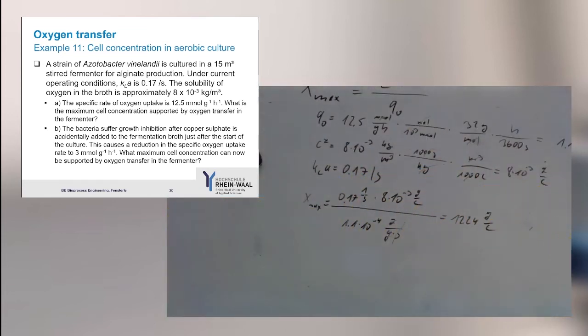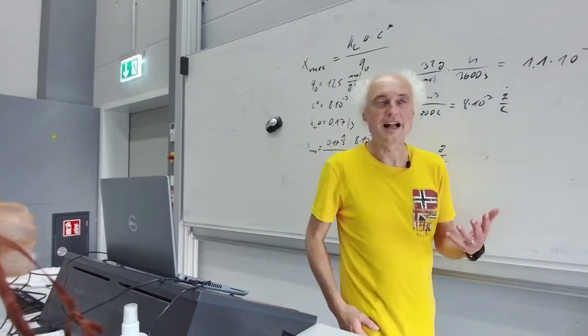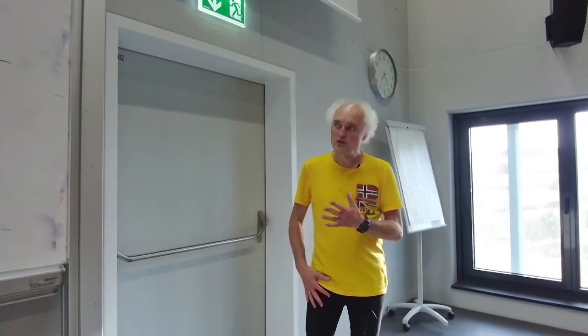It's also very wise to check whether your result at the end has a reasonable magnitude. 12.4 grams per liter is a biomass concentration which is reasonable. So that's the calculation. As you see, the calculation itself is very simple, but the conversion is not. Don't forget to do these conversions step by step. This really helps, and units really help.